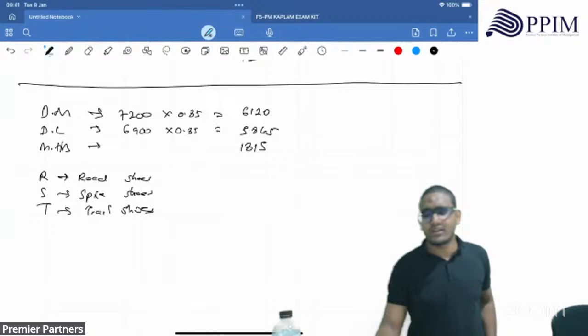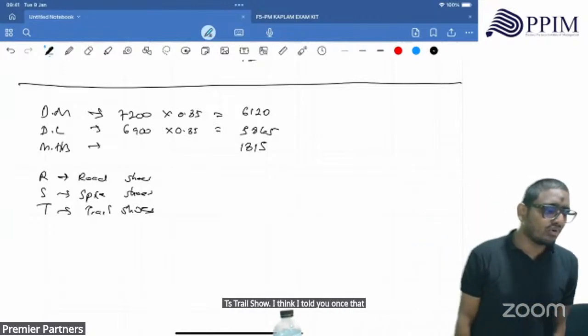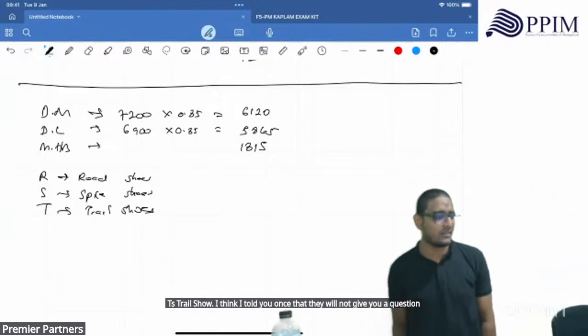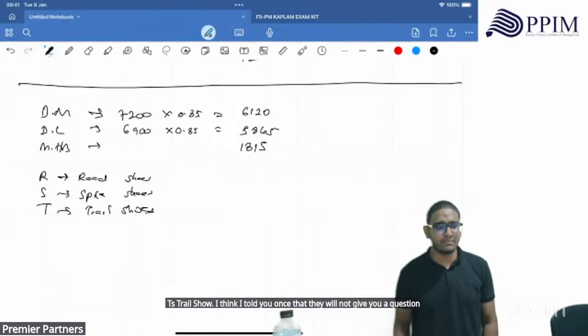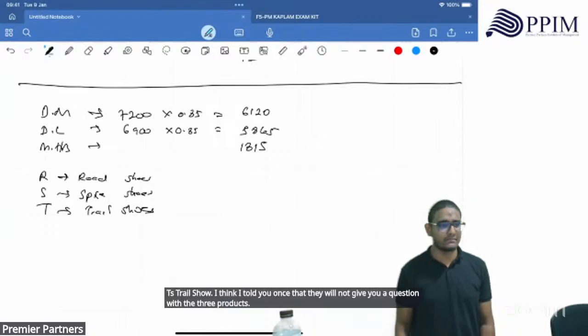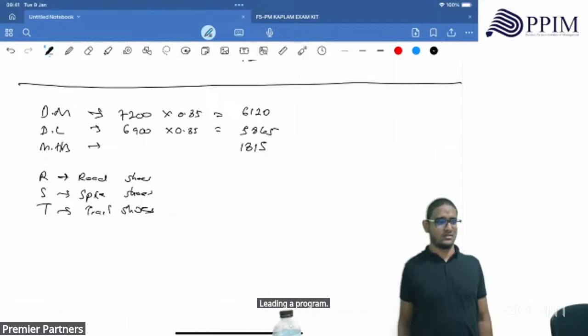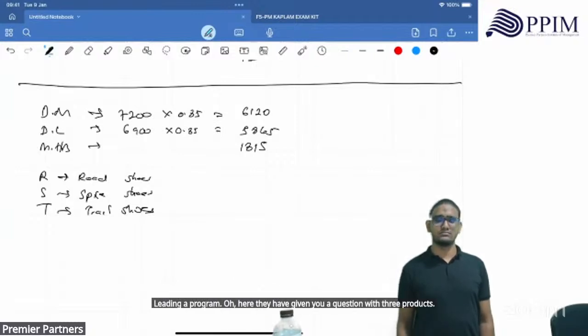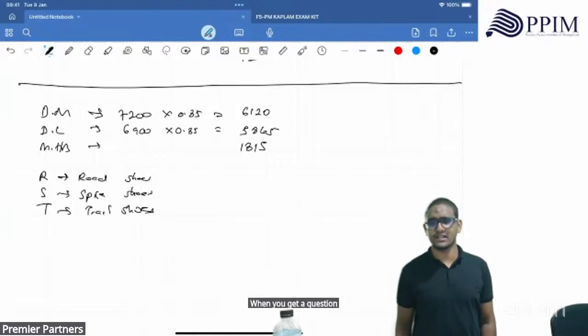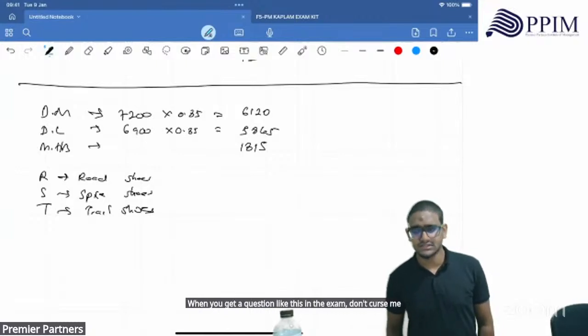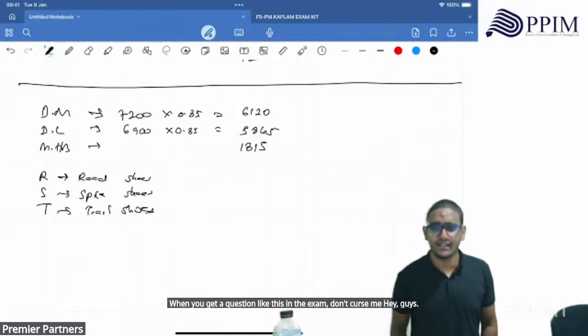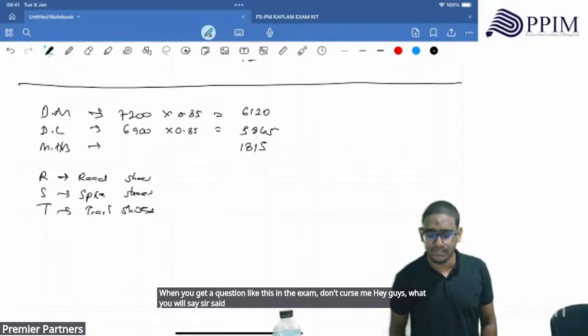Now, I think I told you once that they will not give you a question with 3 products for linear program. Now, here they have given you a question with 3 products. When you get a question like this at the exam, don't curse me, because what you will say, sir said it won't come in the exam, 3 products, but it came.